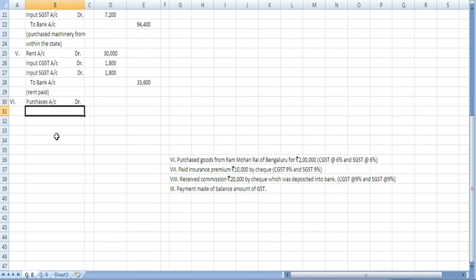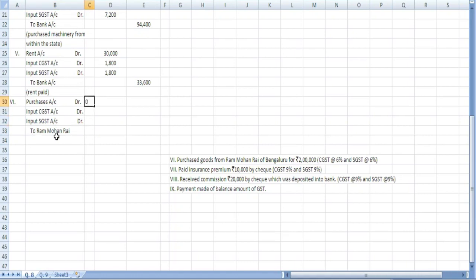Then along with the purchase we have to pay some GST. So input CGST account debit, input SGST account debit, and the giver is Ram Mohan Rai.